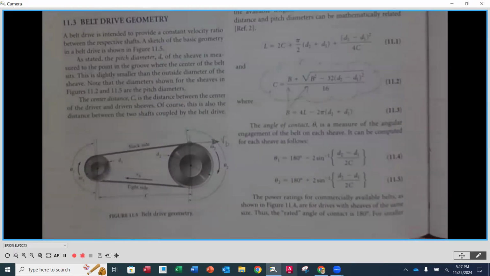Notice that the direction of our input, our driver, and the output, our driven machine, they're going in the same direction. So gears, if you recall, when we would have two that would be engaged, they would always be going in opposite directions, right? Because those teeth would push past each other. And if our input was going clockwise, our output would go counterclockwise. In this case, our input and our output go in the same direction based on this standard arrangement, okay?